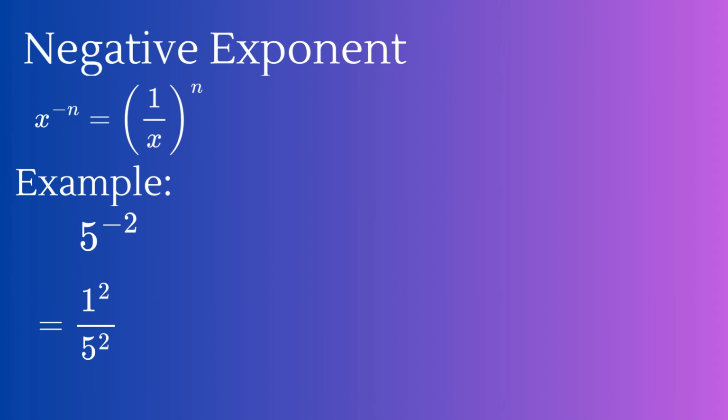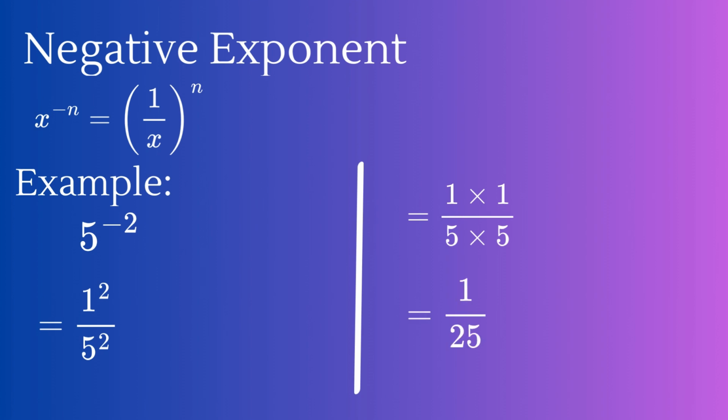We know that 1 square is equal to 1, and 1 raised to any power equals 1, so it would become 1 divided by 5 square, which is 5 into 5, so it would be 25.